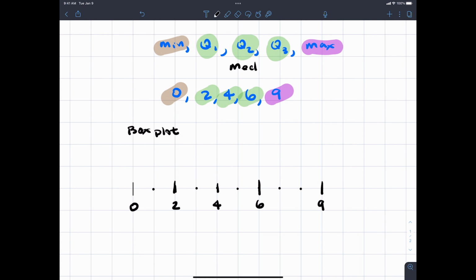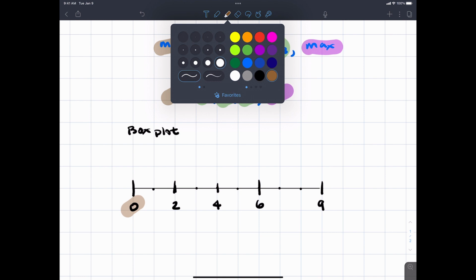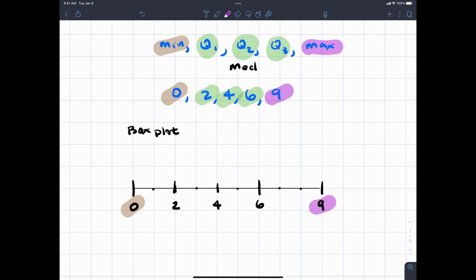So for all of these values that we found, we're going to put these vertical lines, okay? And then we're going to connect this with a horizontal line from the minimum to the maximum, going by that unit length, okay? And they're all equal length. Now, what was the 2, 4, and the 6? It's kind of interesting.